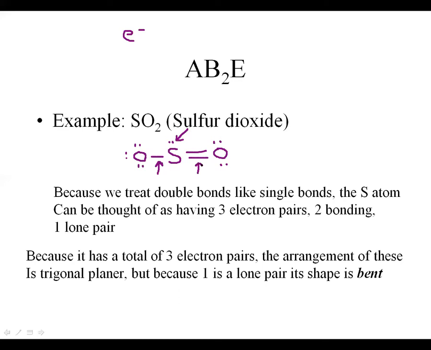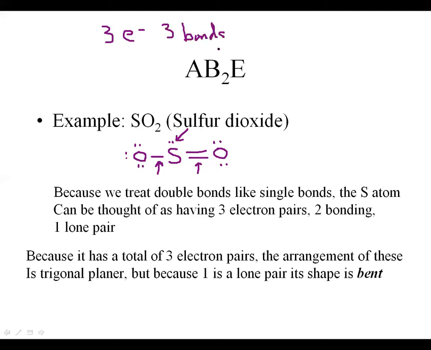Now, this is a double bond, but it only counts as one electron pair. Remember, double bonds and triple bonds in geometry only count as one electron pair. So that is 3 electron pairs.